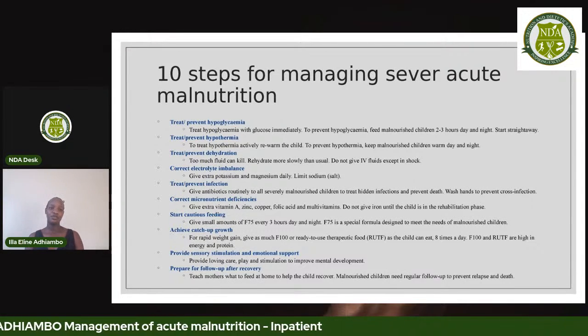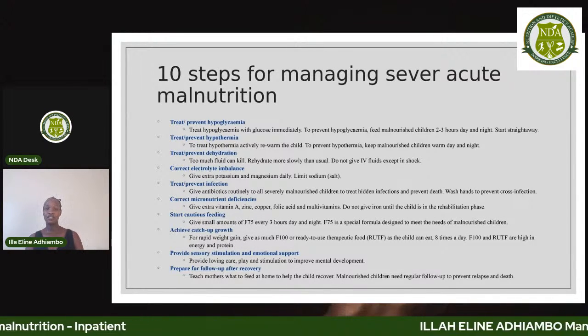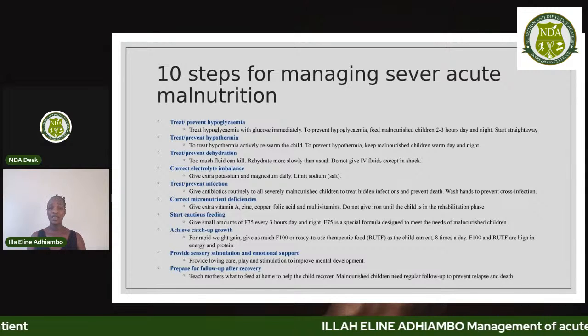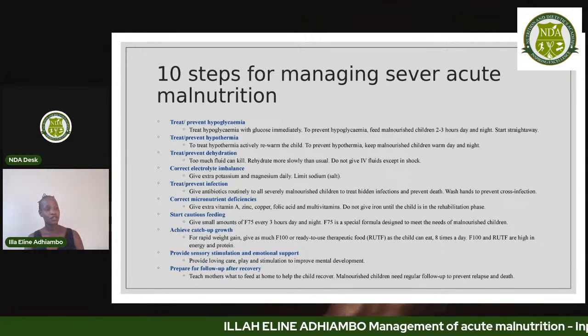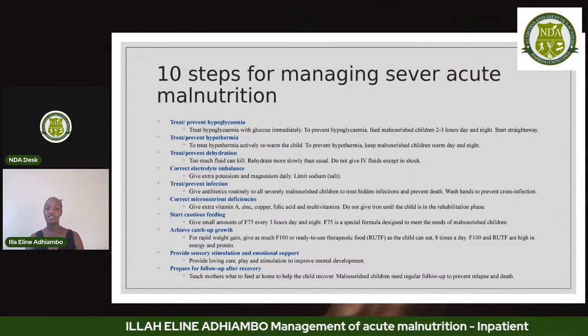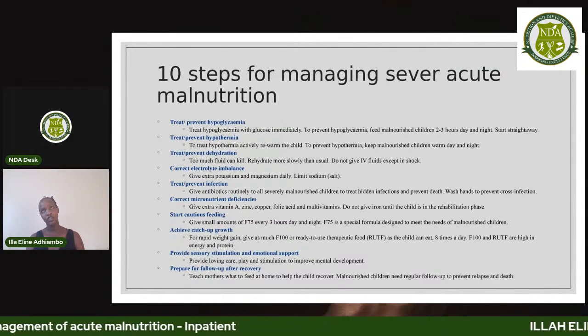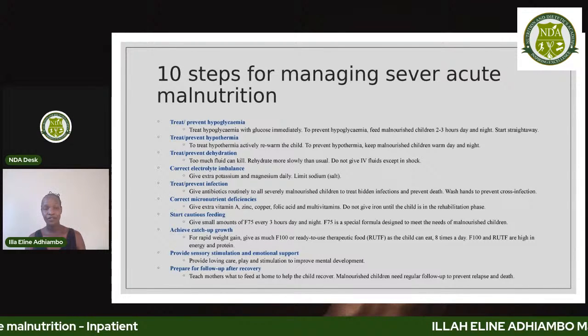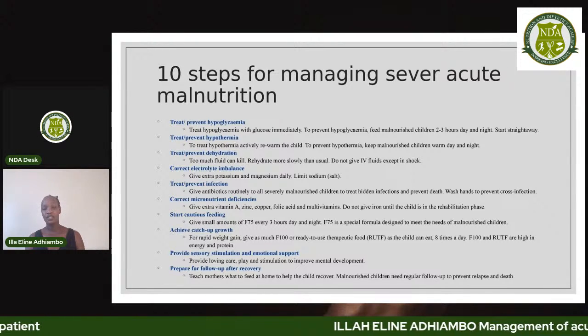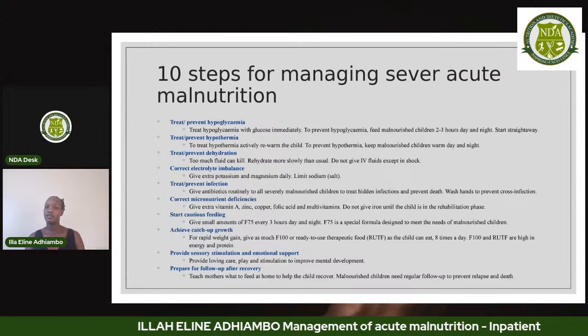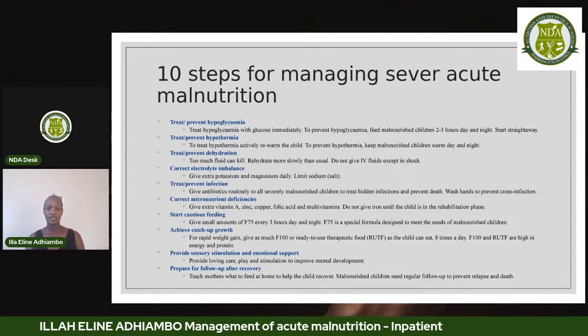Once we've managed to treat all this, we are going to treat micronutrient deficiencies, where we're going to give vitamin A. For children under 6 months of age, we're going to give 50,000 international units. And if the child is between 6 to 12 months, we're going to give 100,000 international units. As we had said before, vitamin A is of concern when a child has severe malnutrition, because it affects the baby's sight.